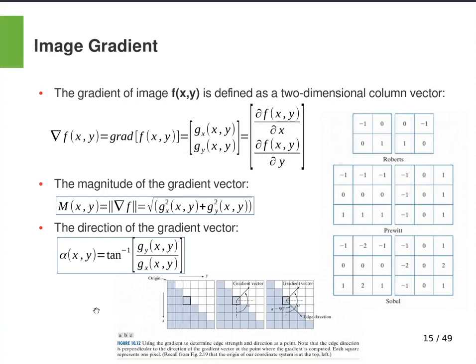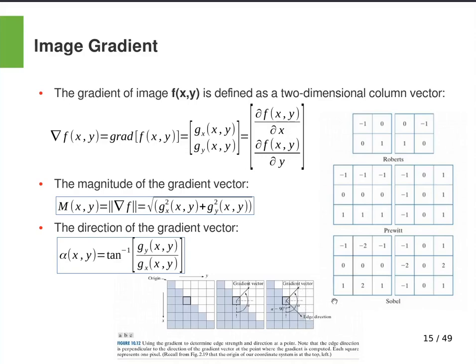What we can do with image gradient is basically to not only get the magnitude of the edge, but also calculate the edge direction based on the direction of the gradient vector, and that is visible in this example too. So as you can see, the edge direction is along the diagonal axis, and the gradient vector is basically perpendicular to the edge direction.